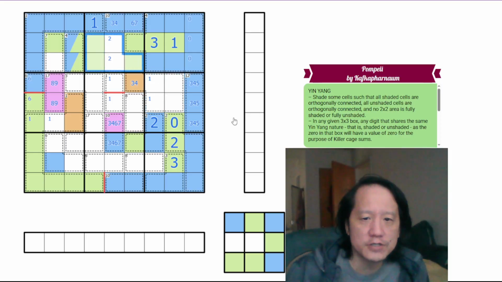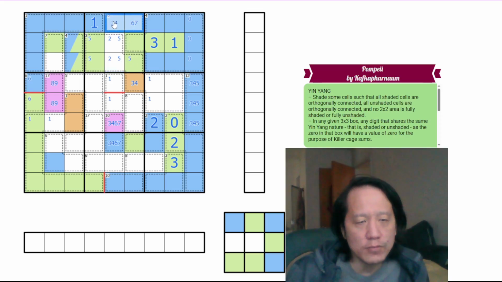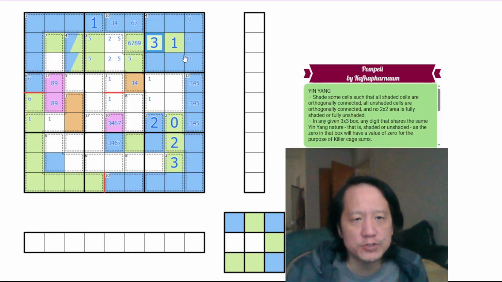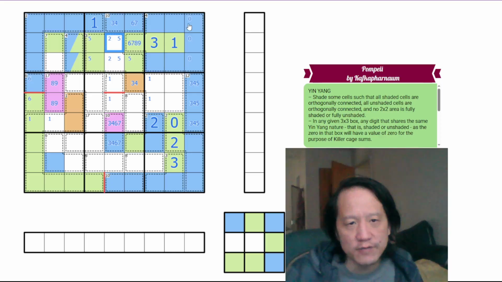Where's 5 in the cage? It has to be here. We know 2's already here. We know 1 out of 3 or 4 is here, and the other one is here, so this can't be 3 or 4, so this must be 6, 7, 8, or 9 here, which matches the digit that's missing from box 3. So this is A.